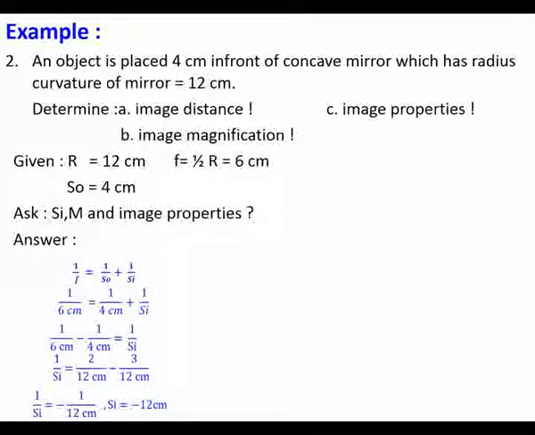So 1 per SI equals 1 per 6 centimeters minus 1 per 4 centimeters, and 1 per SI equals 2 per 12 centimeters minus 3 per 12 centimeters. So 1 per SI equals minus 1 per 12 centimeters, and here we get SI equals minus 12 centimeters. Because SI has a negative value, we can say the image is virtual. And because the image is virtual, the image must be upright.